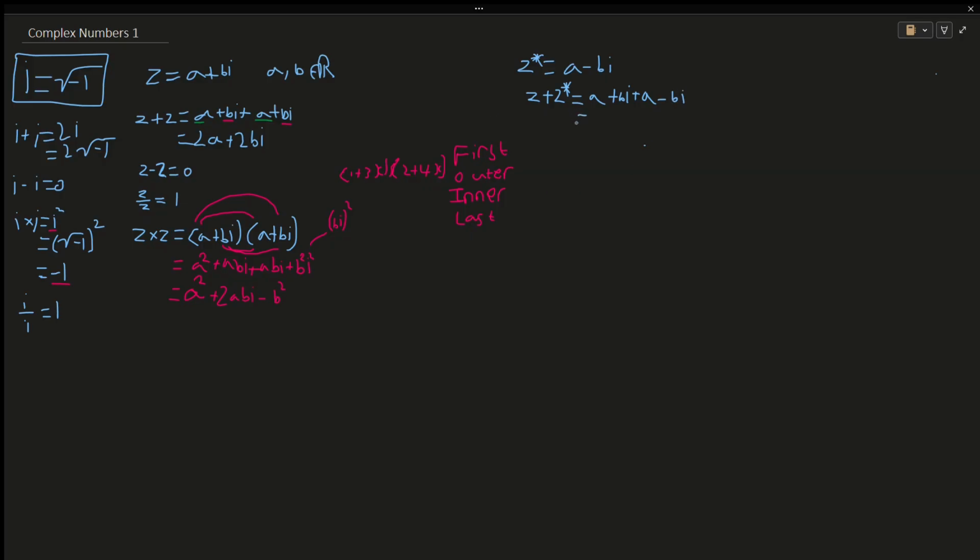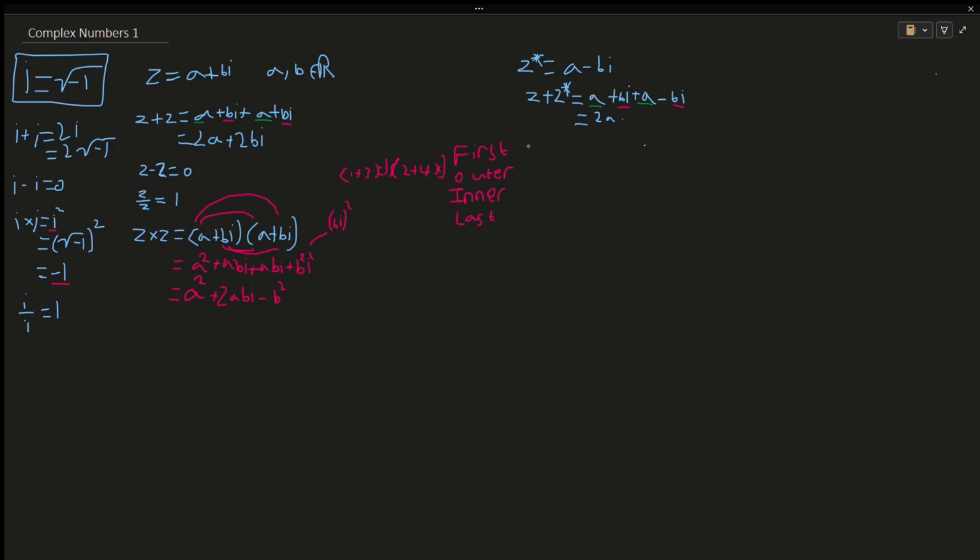Then we look at the like terms, so a plus a is 2a, and we have the positive bi minus bi, which cancel each other out, so we're just left with 2a.